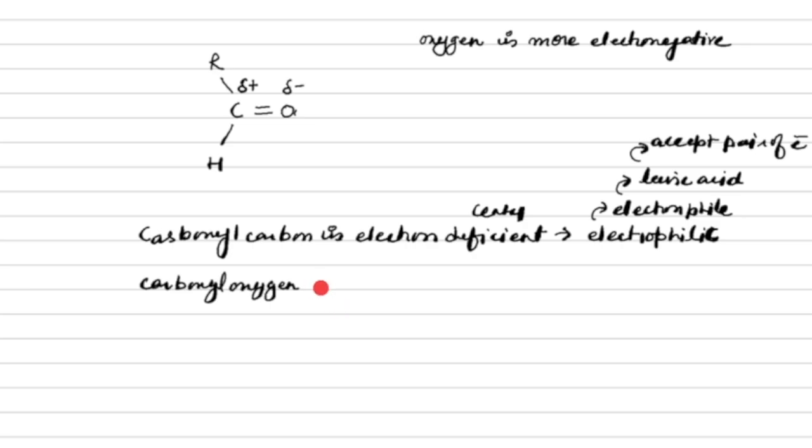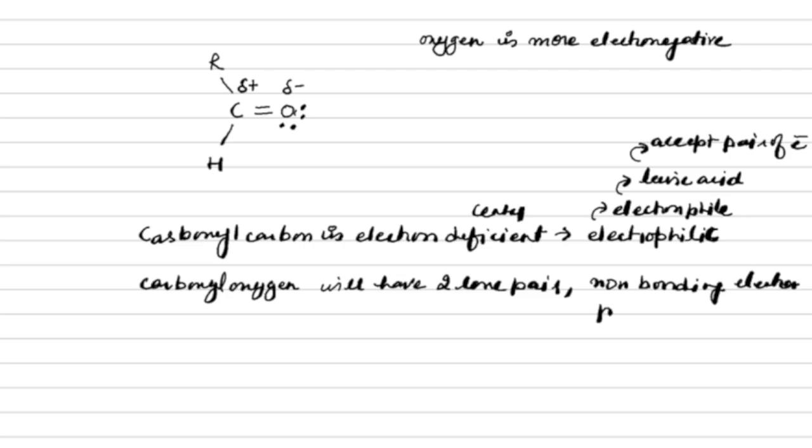And this also will have two lone pairs, which we don't show generally, but they are there. They are not taking part in bonding. We call them non-bonding electron pairs.